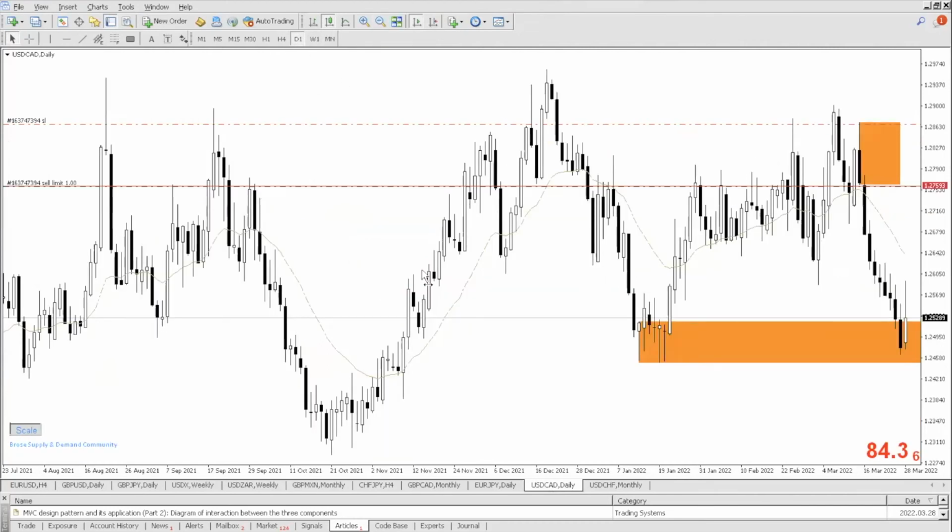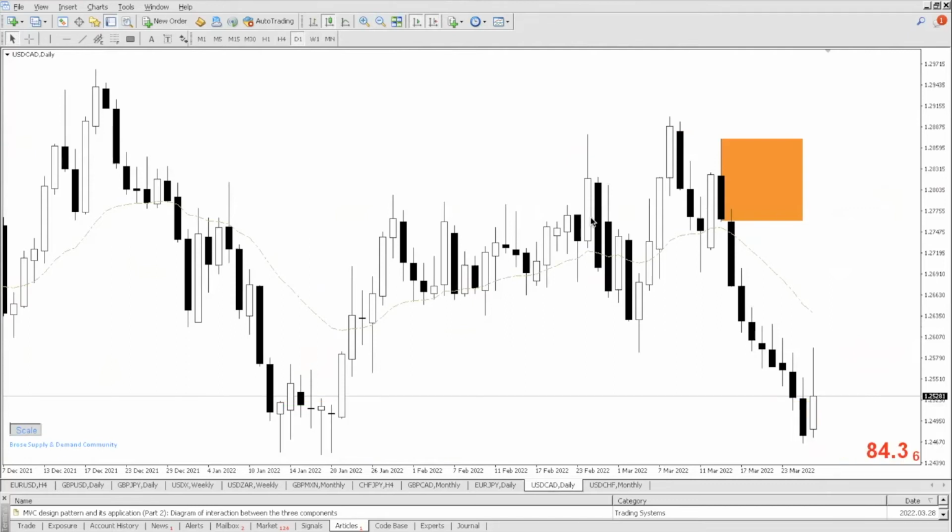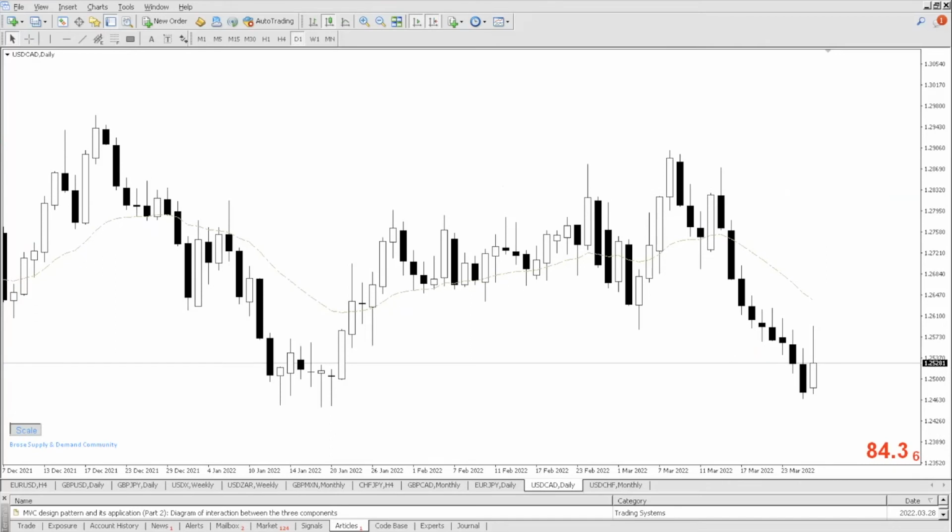Okay, let's look at this one. Delete. I won't confuse you with anything. When you look at this pair, which is USD CAD, on the daily time frame, the first thing first, what do you draw? You draw your latest valleys and peaks.